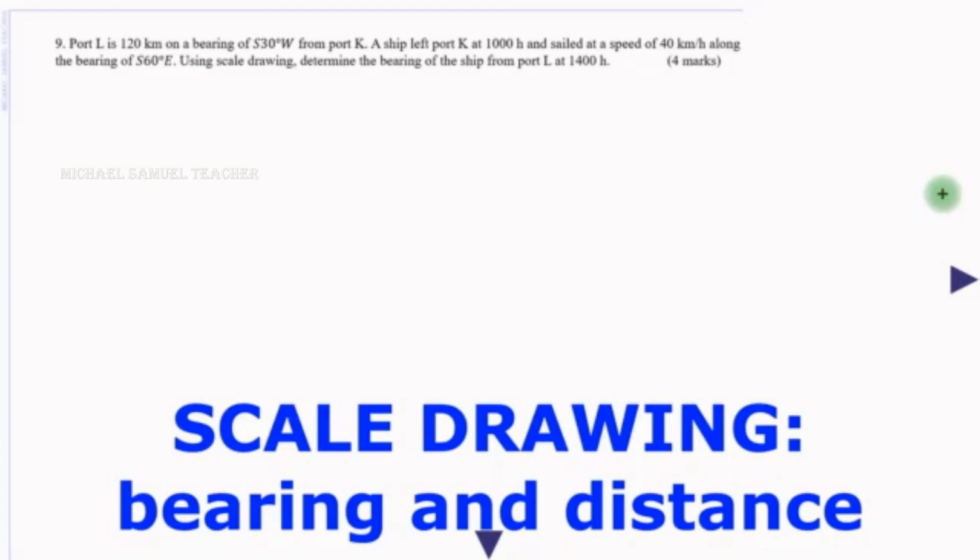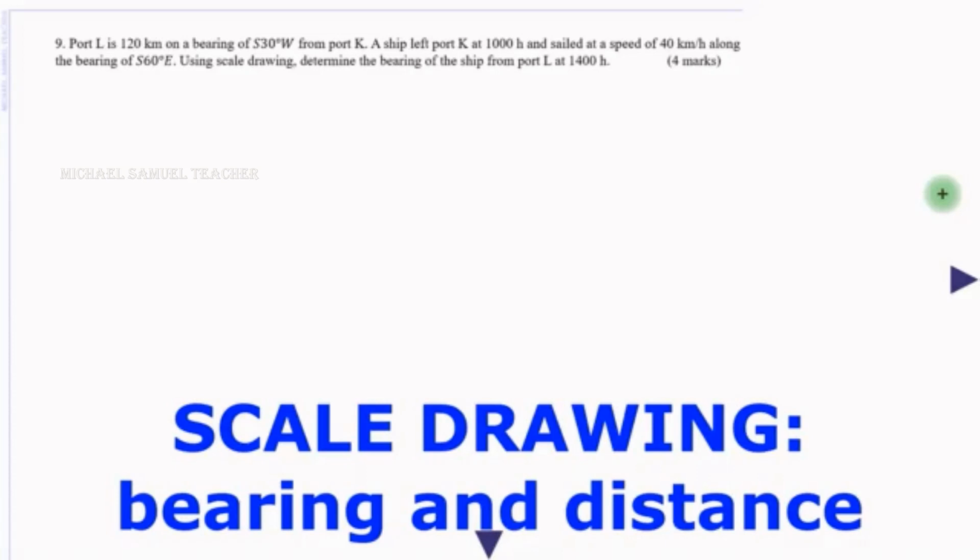Using scale drawing, determine the bearing of the ship from Port L at 14:00 hours. So in this case, we need to make a sketch so that we are able to use scale drawing to draw. So Port L is 120 km on a bearing of 30 degrees south of west.